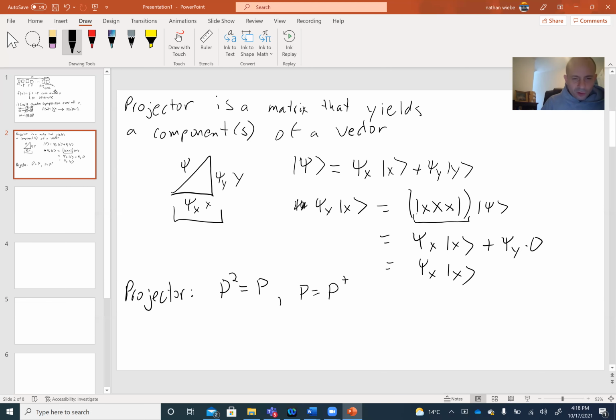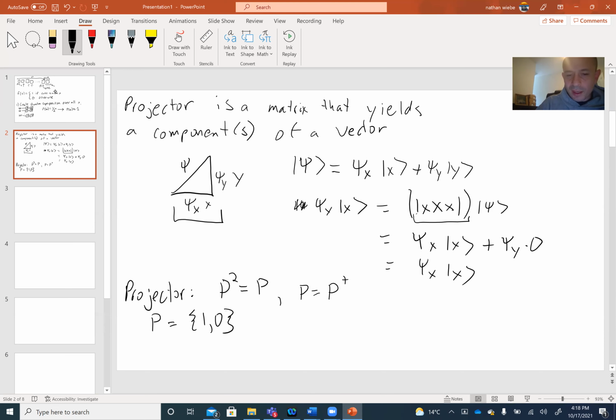Okay, so a way that you can end up seeing this is that if we have that P squared is equal to P, then what we have to have is that the eigenvalues of P have to be equal to 1 or 0.